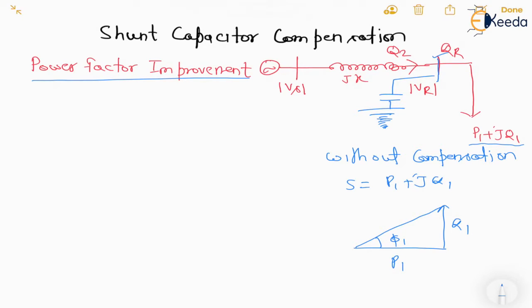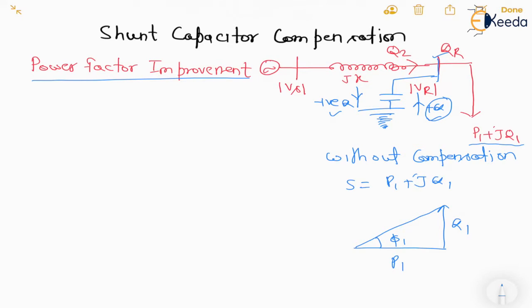A capacitor consumes negative Q and supplies plus Q. We all know that. Either you take this convention or that convention, the end result will be the same. First I am going to take plus Q, then I will take minus Q.